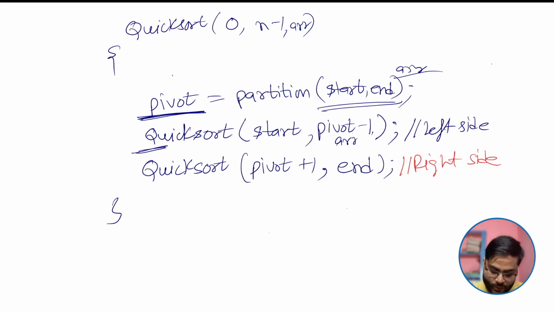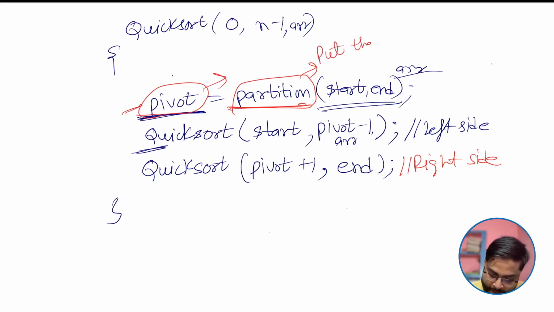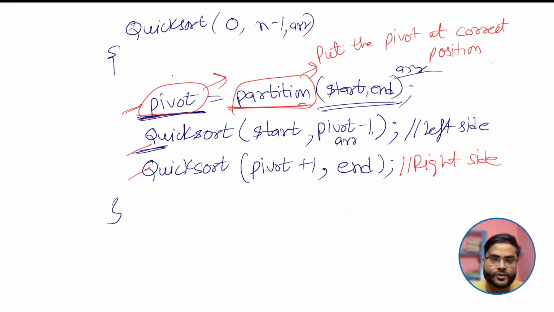First I will find the pivot. By the partition algorithm I will get the correct position of my pivot, and the partition algorithm will put the pivot at the correct position. But my left and my right will not be in sorted order.